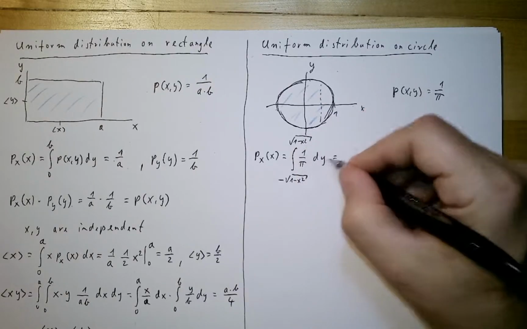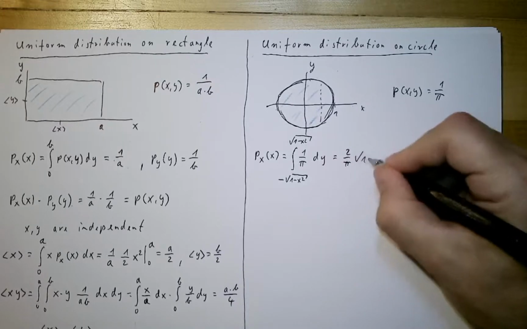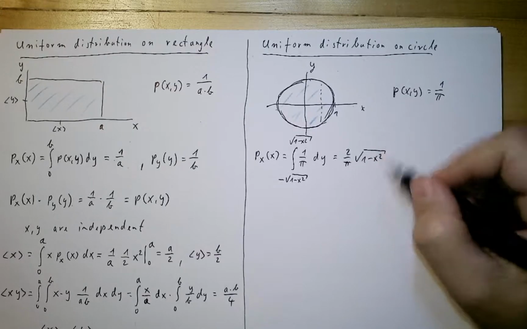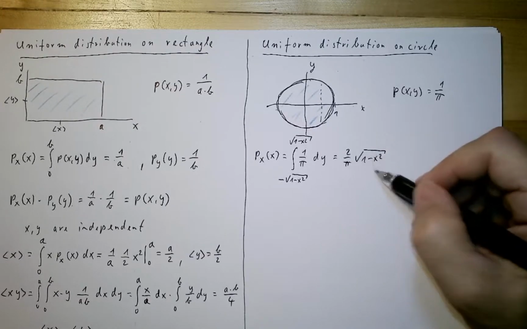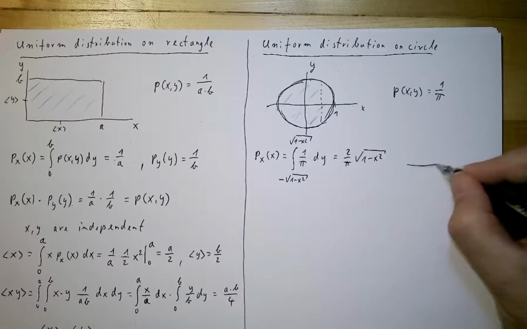If we work this out, we have 2 over pi times the square root of 1 minus x squared. So actually it's not a uniform distribution anymore.